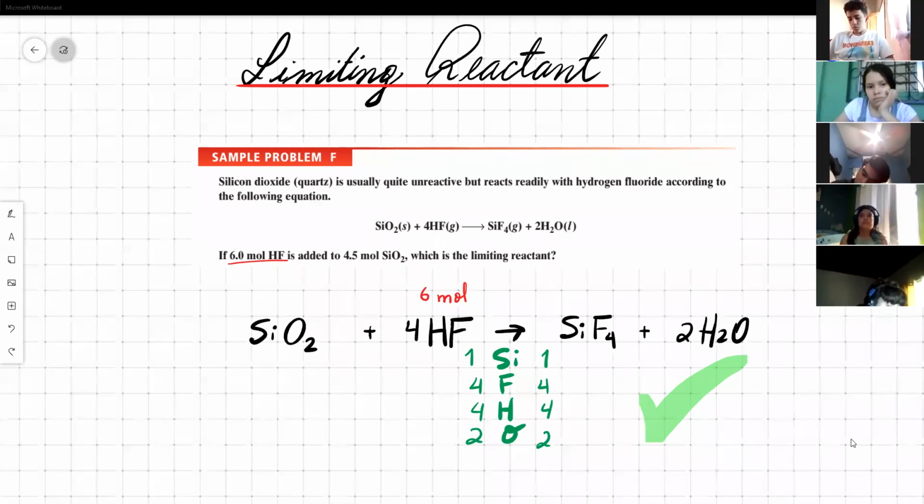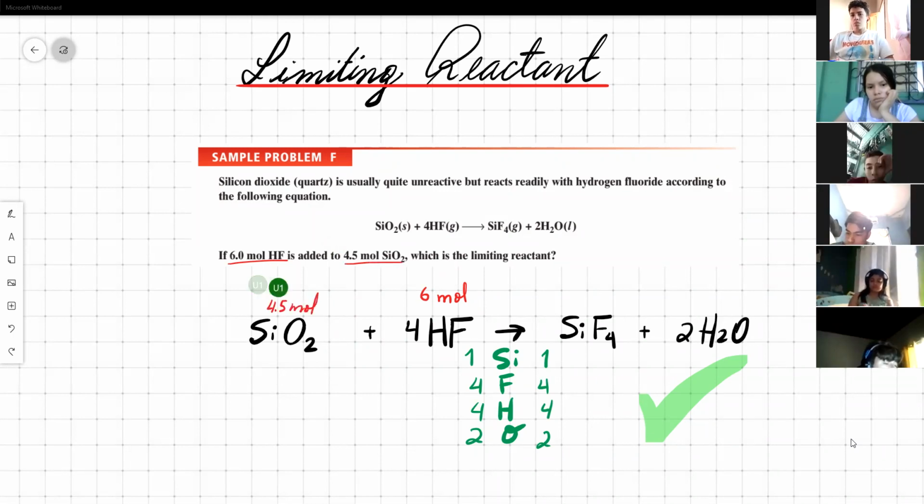Then it says that from silicon dioxide, I have 4.5 moles. Now, take a look. I'm going to ask you a question, about the same topic again, okay? Imagine that you are a chemist in a lab, and I'm giving you 2 substances, substance 1 and substance 2.